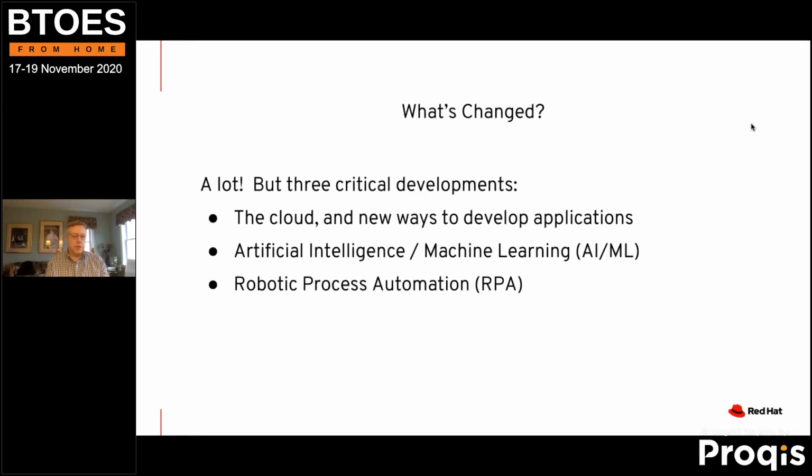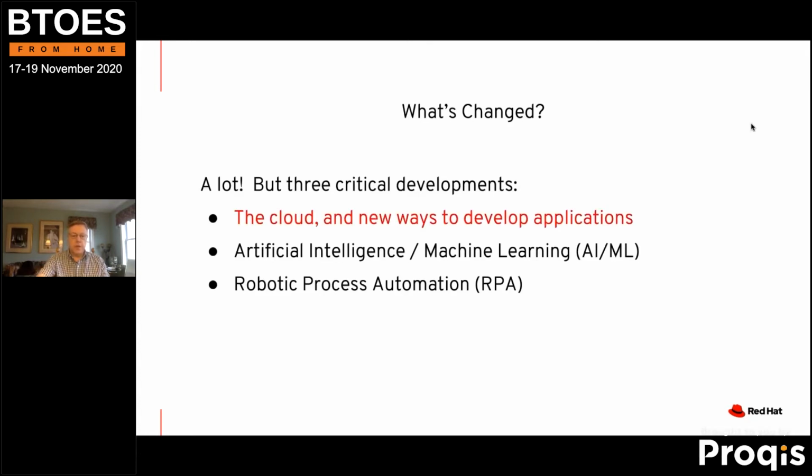Artificial intelligence more recently has become very popular and is starting to have a tremendous impact also on the way that we think about business automation. And then finally, almost no discussion of what's happening in BPM today would be complete, I think, without a discussion of robotic process automation, RPA, one of the hottest new technologies of the last 2-3 years or so.